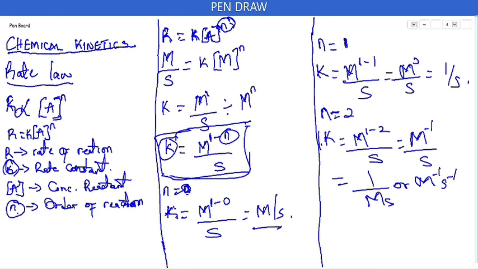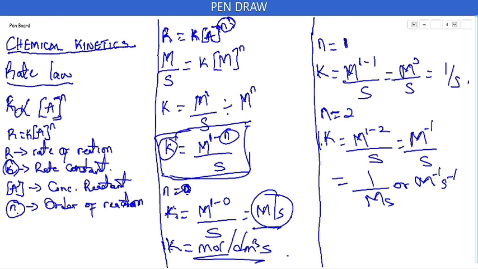Don't forget that this M stands for molar, and we can also refer to it as mole per dm cube. If I replace it by mole per dm cube, my K will be equal to mole per dm cube per second for zeroth order.